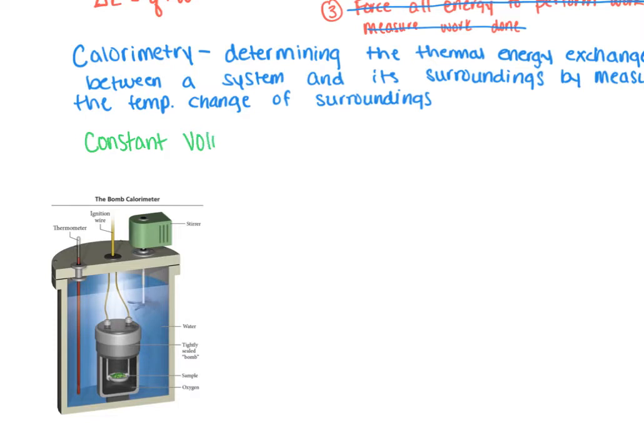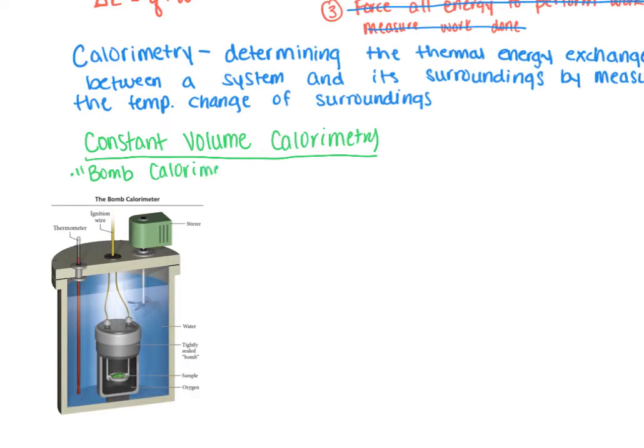Constant volume calorimetry. And again, it is called bomb calorimetry. And it's called that because when we hold our volume constant, that's going to cause the pressure to increase.